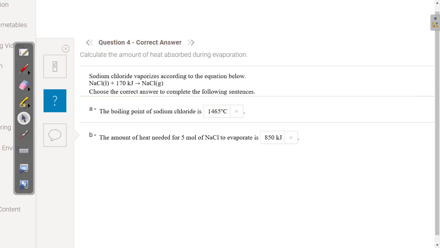Okay. Sodium chloride vaporizes according to this equation below. NaCl liquid plus 170 kilojoules gives NaCl gas. The boiling point of sodium chloride is what? Okay, we don't have any equation or any way to find out the boiling point of anything.